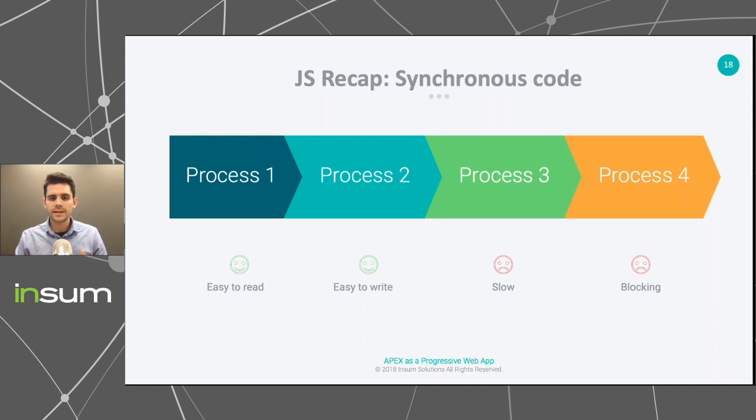It's very, very simple. Synchronous JavaScript is easy to read and easy to write because executing sequentially from top to bottom is just more logical to the human eye. But unfortunately, synchronous JavaScript is slower. And when it executes the code, it also blocks the user interaction on the page.